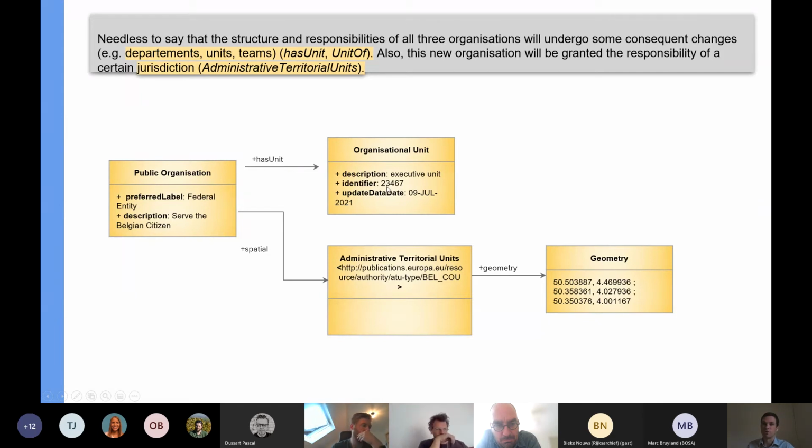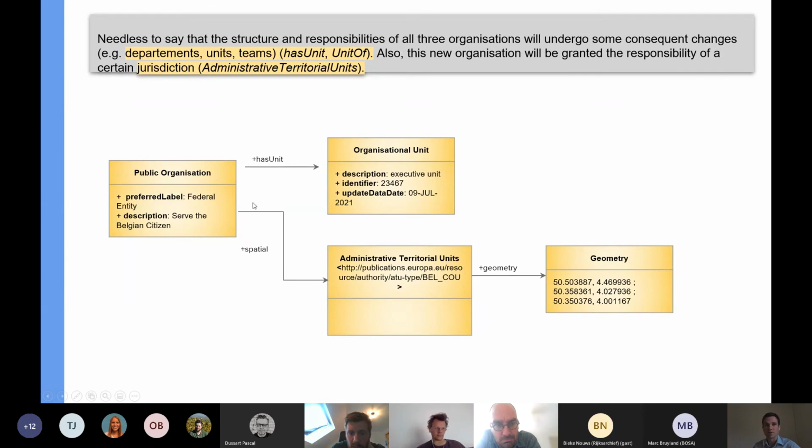with their specific identifiers, descriptions, and the time at which the data about this organizational unit was updated. This is actually coming from the first webinar we had, where some people really asked for the updated data date.